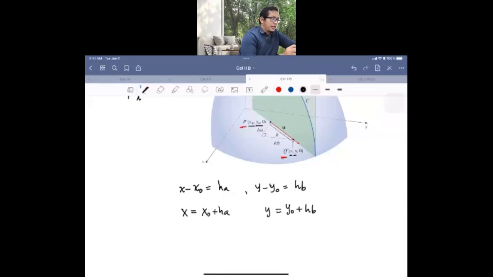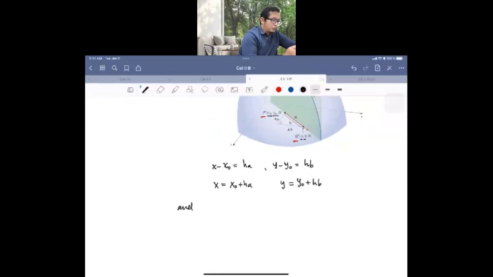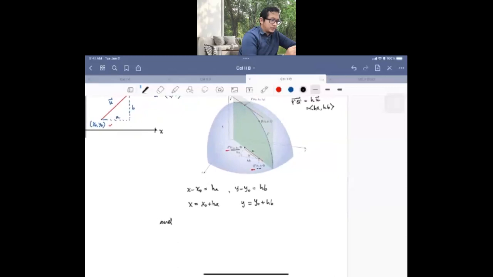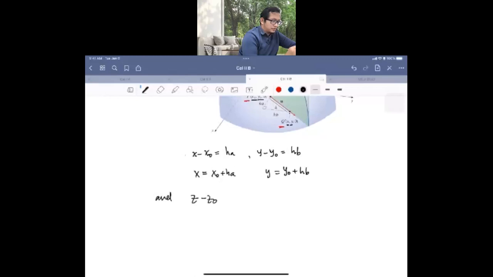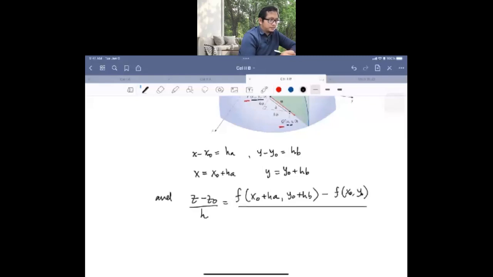Our delta z, the z minus z0, divided by h is equal to f of x0 plus ha and y0 plus hb, minus f of x0, y0, divided by h.